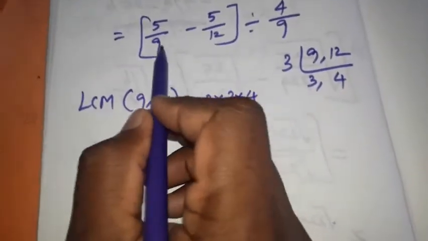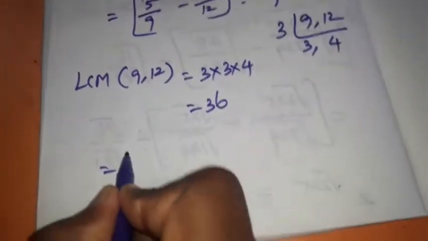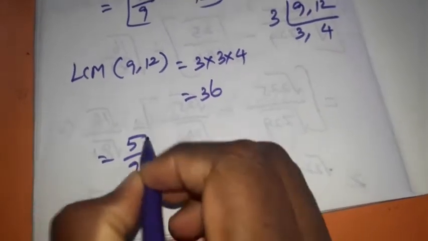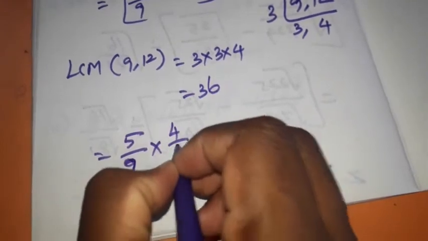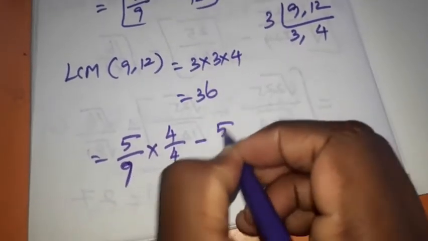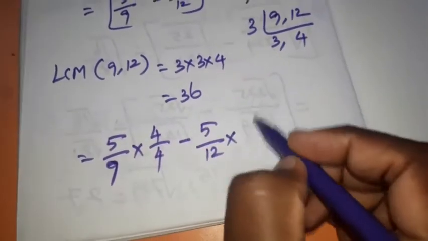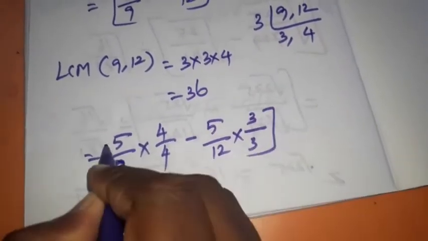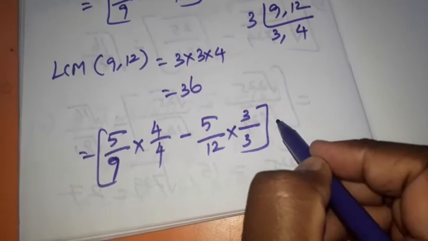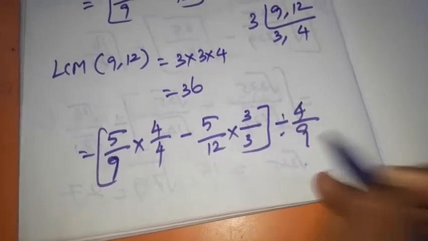In each fraction the denominator should be 36. Therefore I multiply 5 by 9 with 4 by 4, minus 5 by 12 with 3 by 3, divided by 4 by 9.